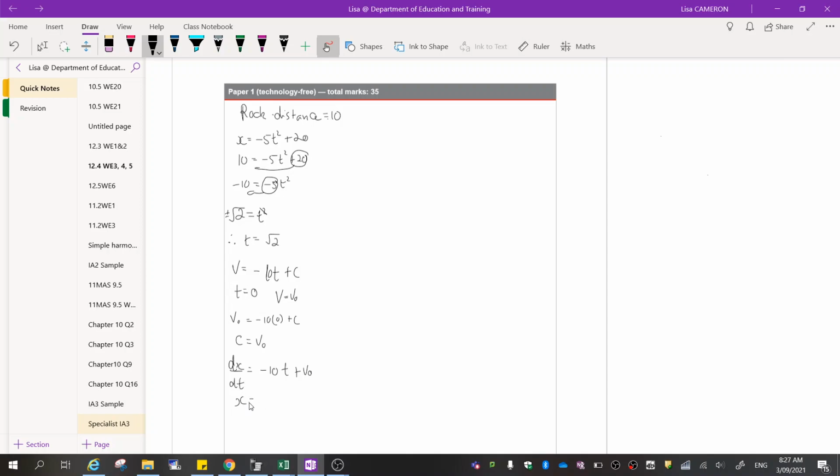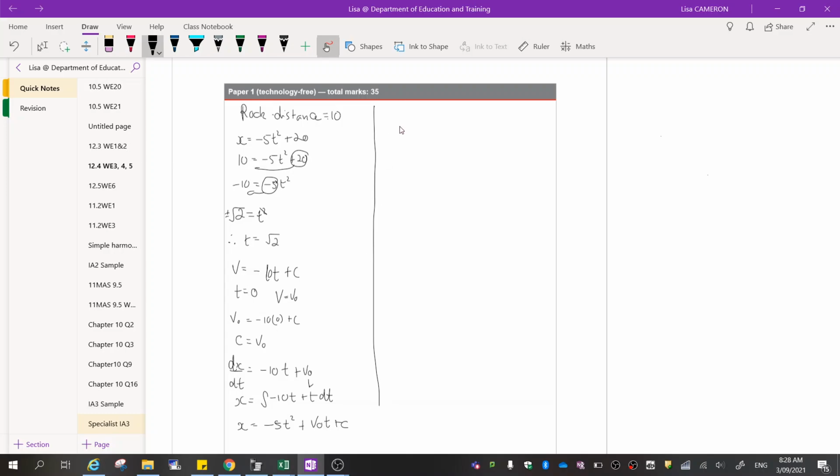To get our displacement function, I'm going to integrate it with respect to t. Now I've got x is equal to minus 5t squared plus v0t, that should have been that, plus some constant.